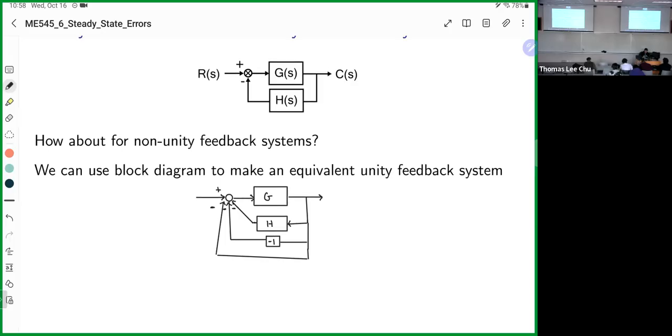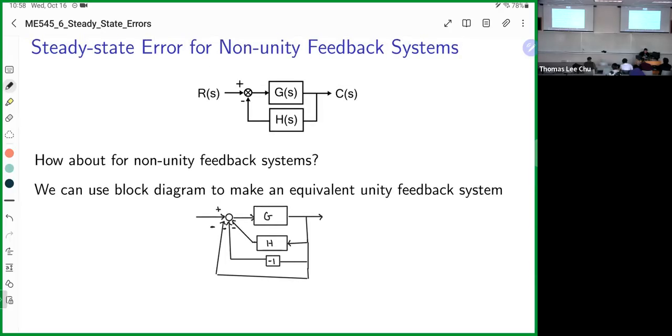So this top block and this bottom block are the equivalent blocks because these two lines I added are signals that cancel each other out.